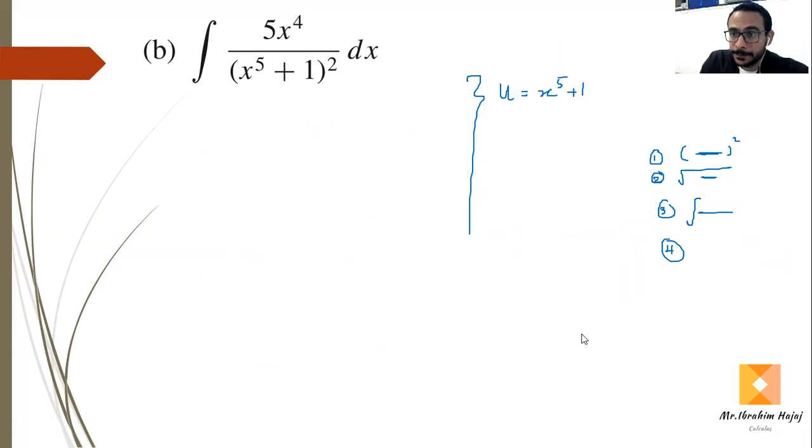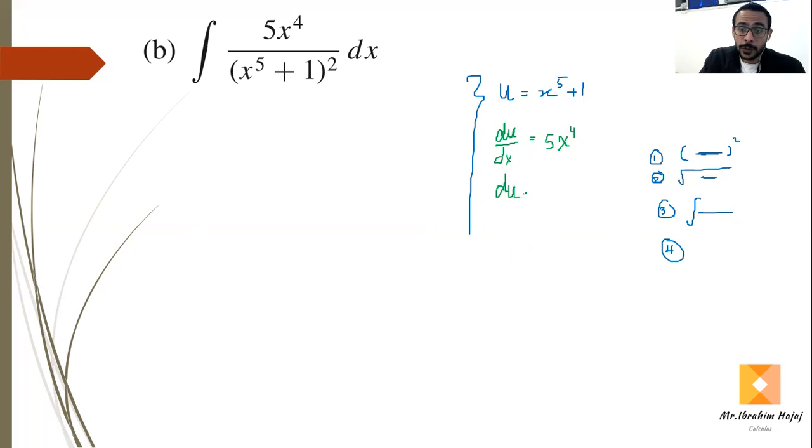Anas, try to complete here. What's the next step after we took u as x to the power of 5 plus 1? Next step is to find the derivative, du over dx, like the first term: we drop down the exponent and subtract 1 from the exponent.